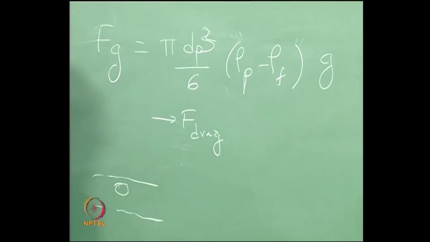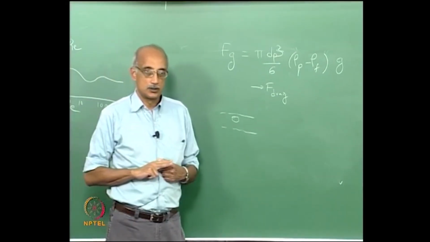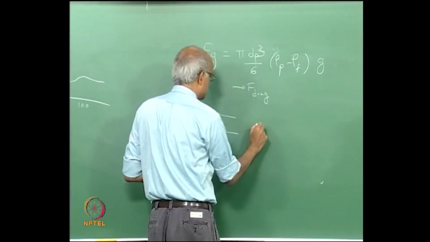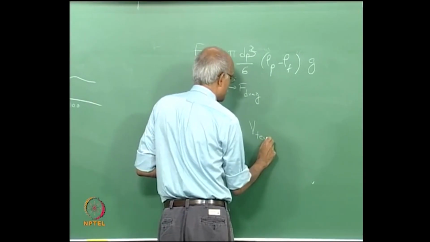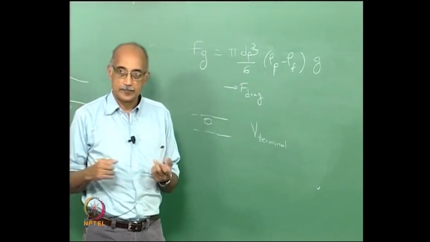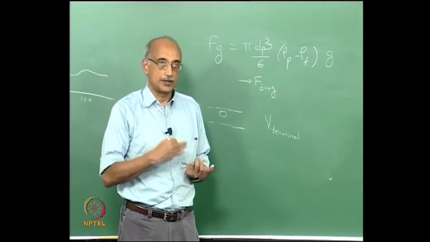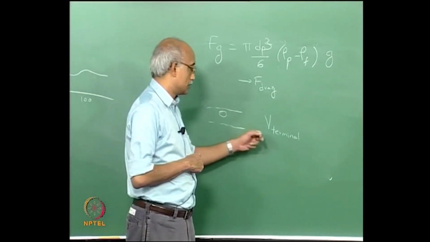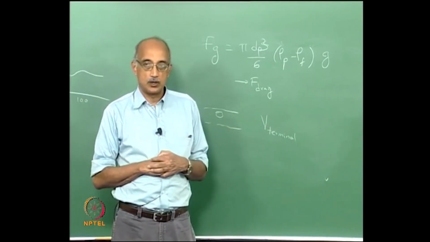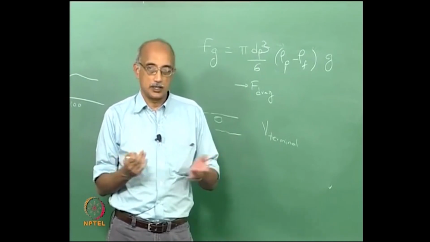what velocity does it reach? Terminal velocity, right, which is a steady state velocity that represents the balance between body force and the drag force. So we can actually estimate what this terminal velocity is for any object that is immersed in any fluid.